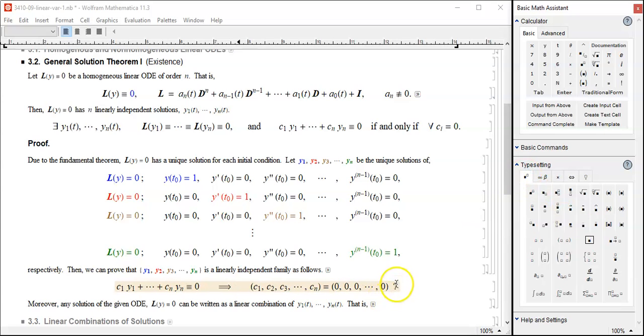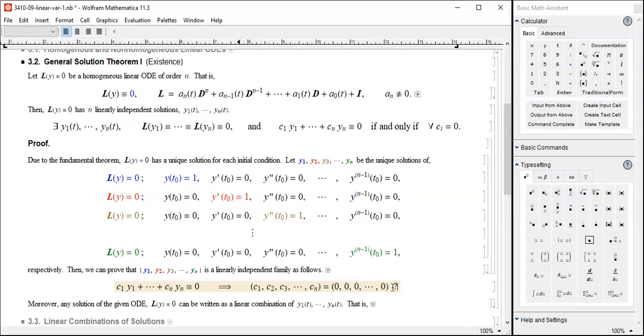That's what we want to prove. If the linear combination is 0, then all the coefficients, c1, c2, c3, are all 0. Of course, we don't have it yet. That's why I put a question mark here, but that's where we are headed.